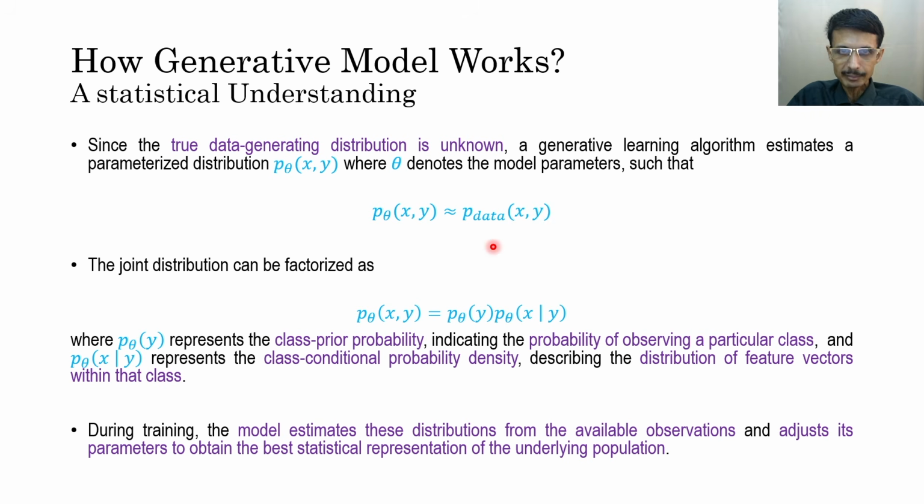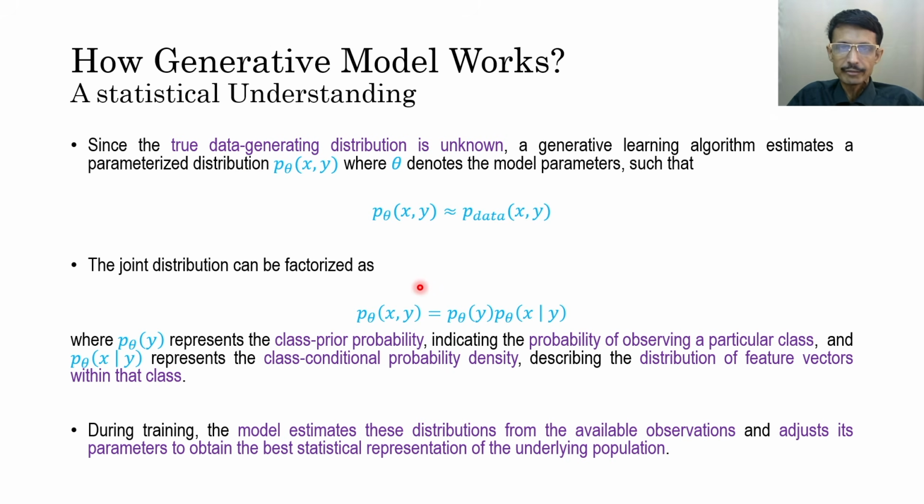So what are we basically trying to understand? We end up with this p theta (x, y), which is very close, which means we know this p theta (x, y). This is also a joint distribution that we have known. It is a parametric joint distribution, or parameterized distribution.